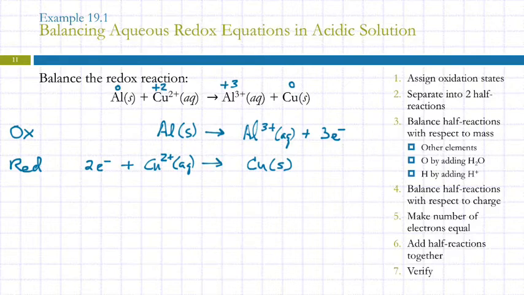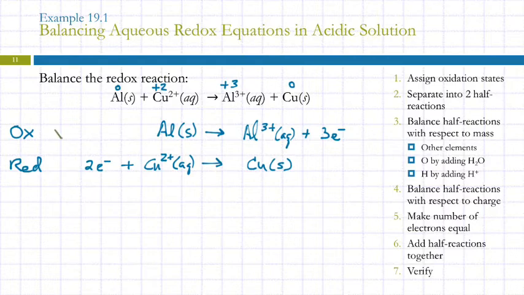So we want to be able to add these 2 equations together and not have any electrons showing, because the electrons that are lost by one thing are gained by another thing, and we don't end up with electrons being given off or taken in. So 3 and 2 are not going to cancel out. So we need to find the least common multiple, which would be 6. So I'm going to multiply the top equation by 2.